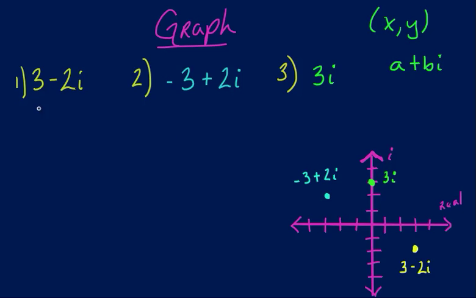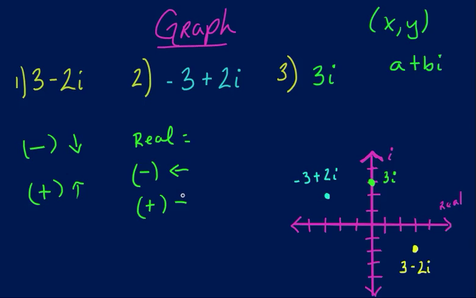But remember, just follow those steps. This tells us where to go on our reals, and this tells us where to go on our i's. If it's a negative, we go down. So negative, we go down on i, and a positive, we go up on i. And for the real numbers, on a negative, we go to the left, and on the positives, we go to the right.